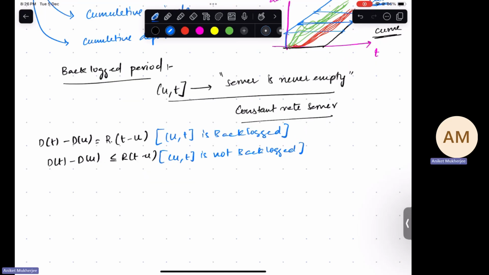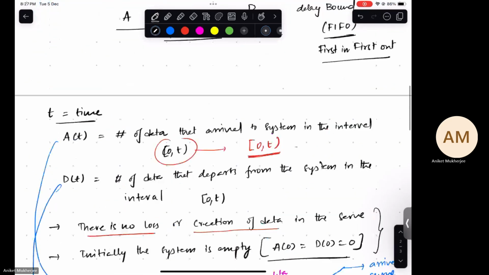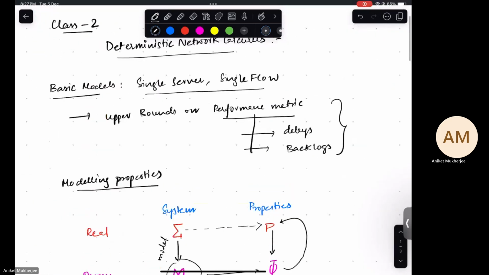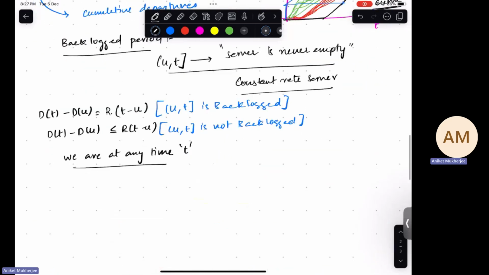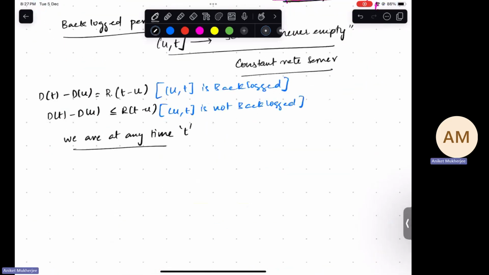Okay, so now suppose that we are at any time t, and we want to see what is the last backlog period, like the starting point of the backlog period if you are at time t.